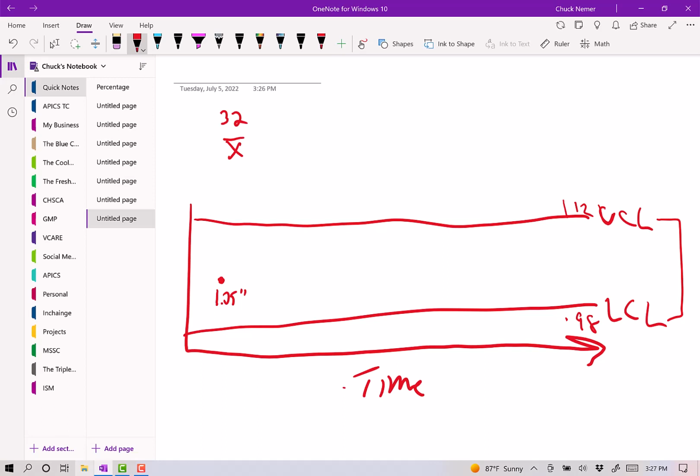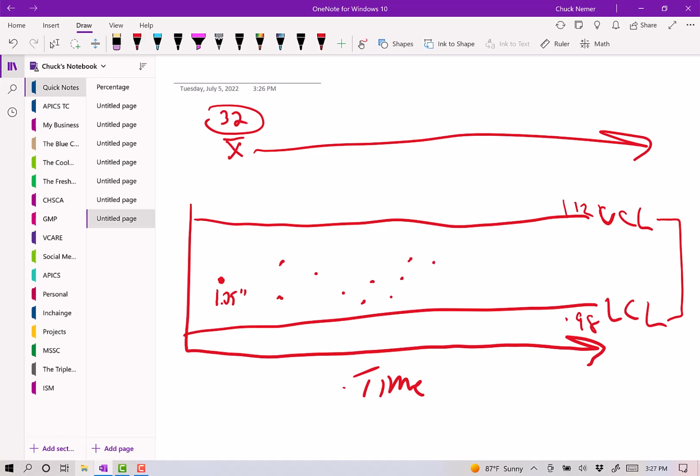And what a control chart says is once we calculate that, then we're going to continue to measure samples of 32 over the length of the production run, calculate the mathematical average, and we're going to plot it here over time. The idea being that as long as our sample stays within the upper and lower control limit, the process is behaving normally.